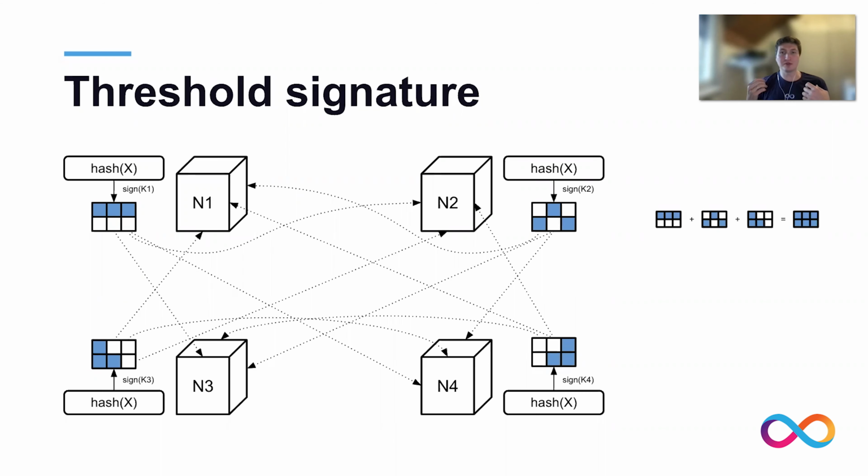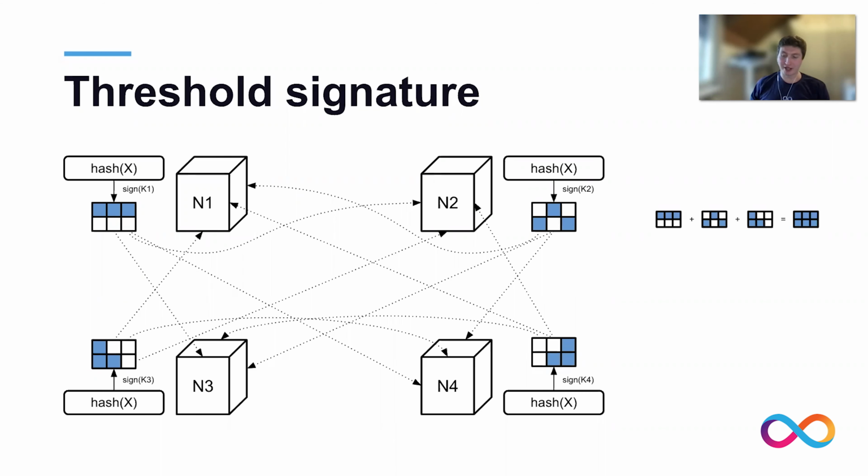If you want to say that the subnet produced some output, every node on the subnet signs something, typically the hash of some value, with its own key share. Then there is a way to combine those pieces together to produce a value signed with the full key. No node has the full key at any point in time, only some share, and only by communication can they construct the full signature.